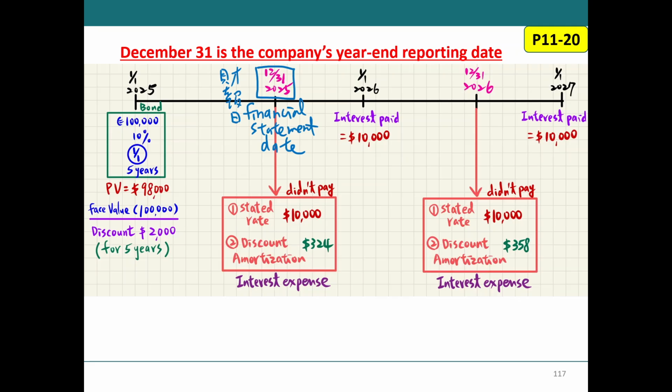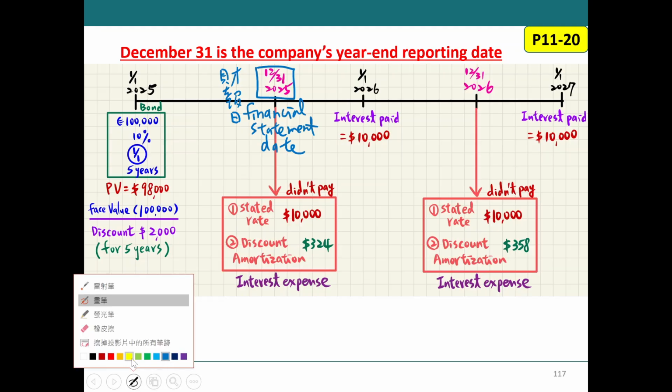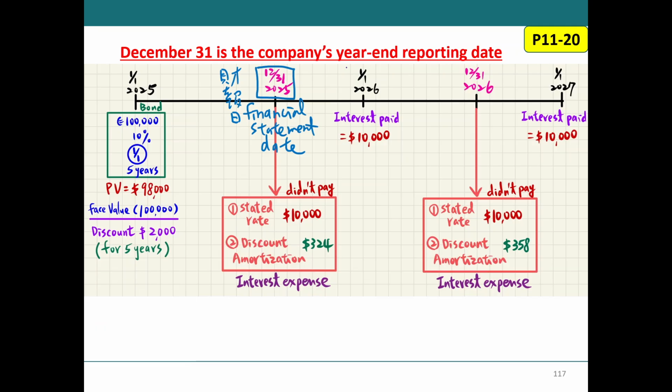But did we pay? No, we didn't pay, because you are going to pay the next day. On January 1st, the next date, we are going to pay it. But remember, you only pay for your first cost of borrowing. So this is your interest payment date.